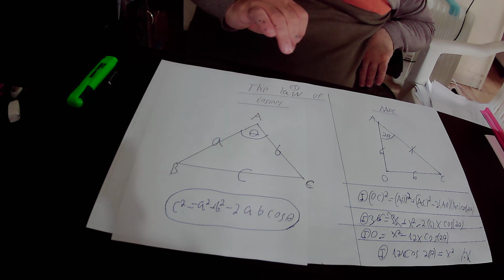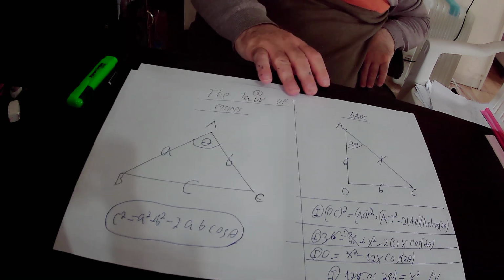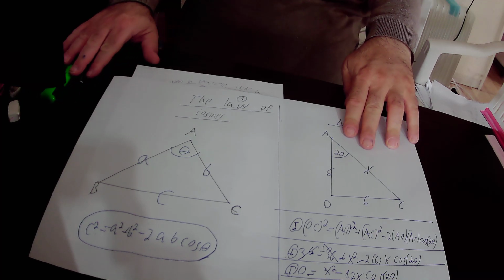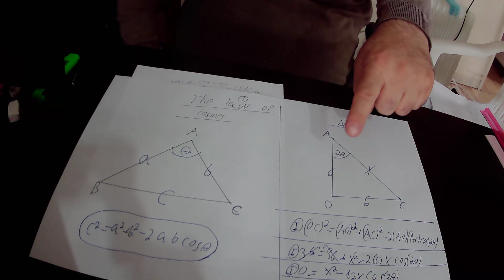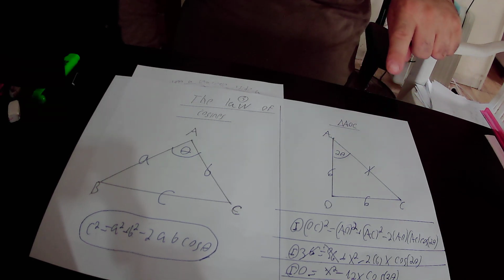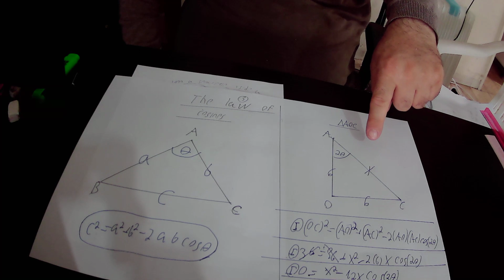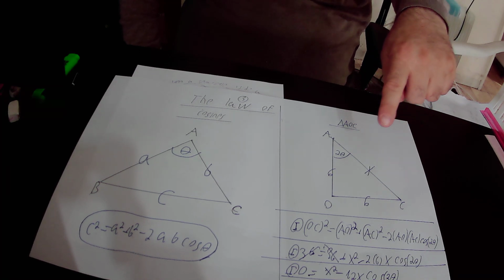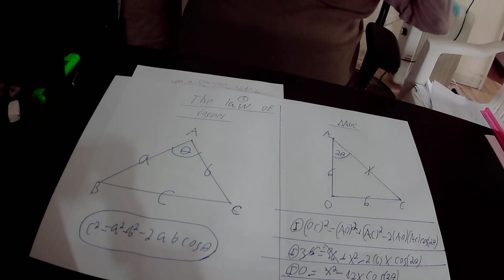So we implemented the law of cosines in triangle AOC, so I copied triangle AOC from the original drawing. We know that angle OAC equals 2 theta, AO equals 6 units, it is given in the question. AC is the line segment that we are looking for, that is equal to x, and OC is the radius of the quarter circle. Why?